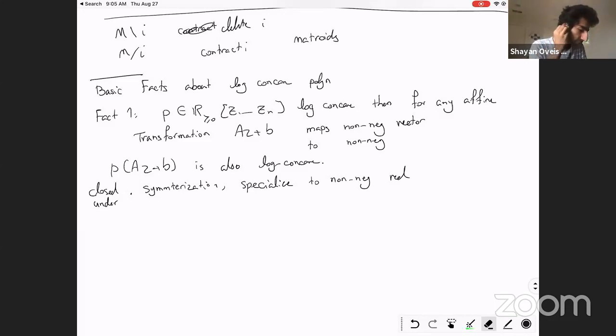You have to be a little bit careful because here we are not allowing negative coefficients, so you also don't get to specialize to negative real numbers. You can only specialize to non-negative real numbers. But they are closed under this, and also external fields. So basically, you get many of the closure properties of real stable polynomials here as well.